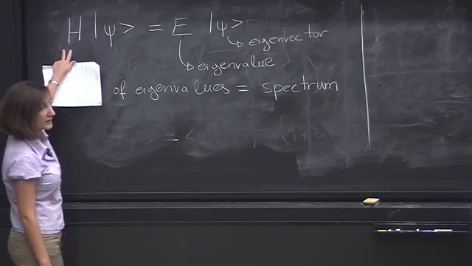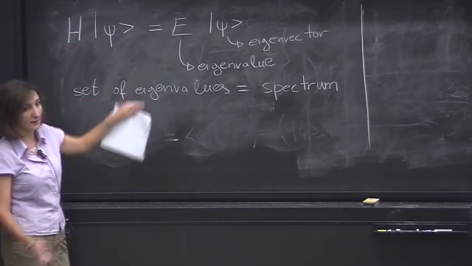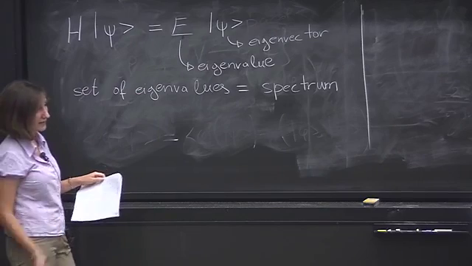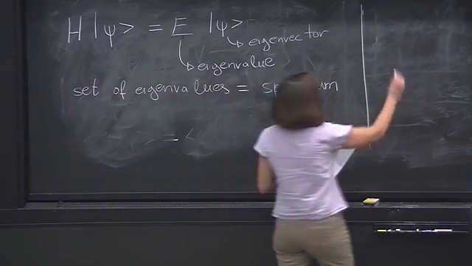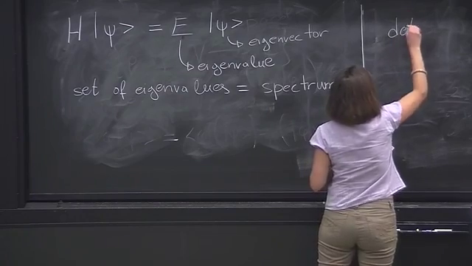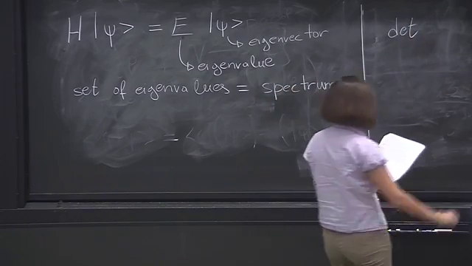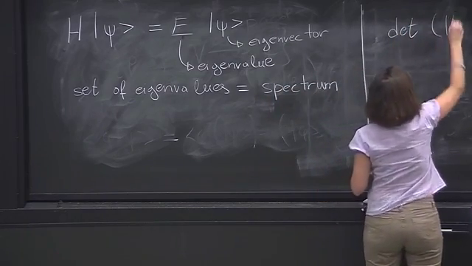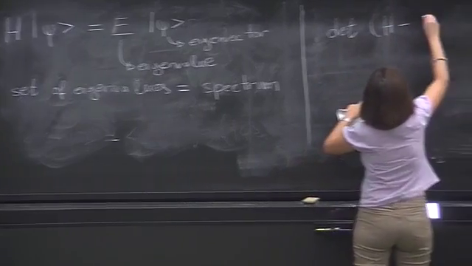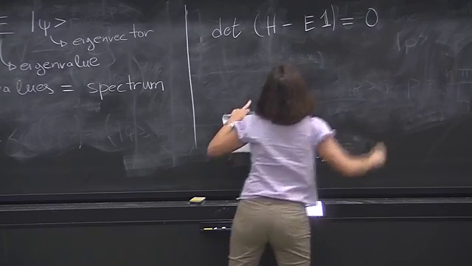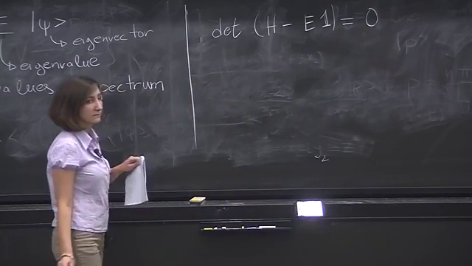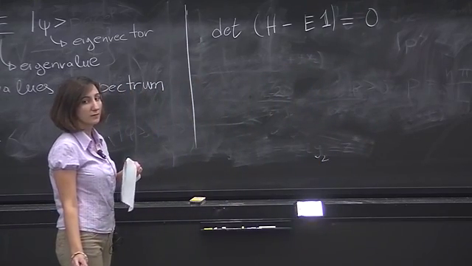Representing operators as matrices gives us an easy way to find their eigenvalues and eigenvectors by solving what we call the characteristic equation. Right? And I'm guessing that you're all familiar with this.